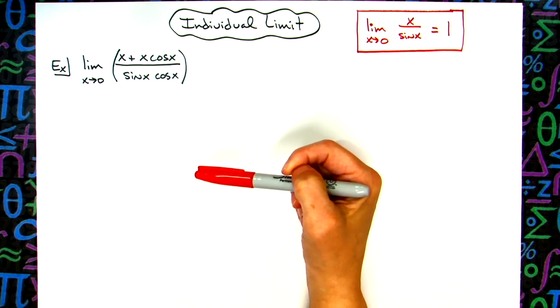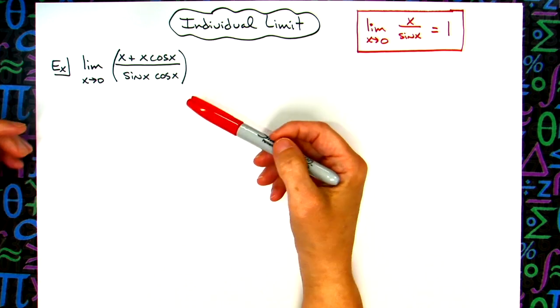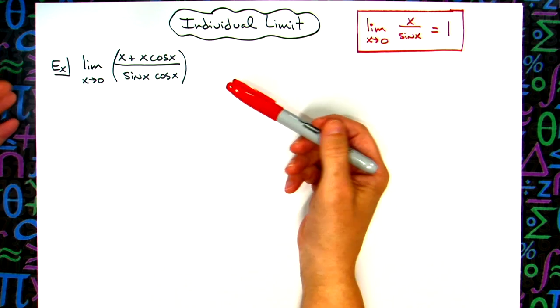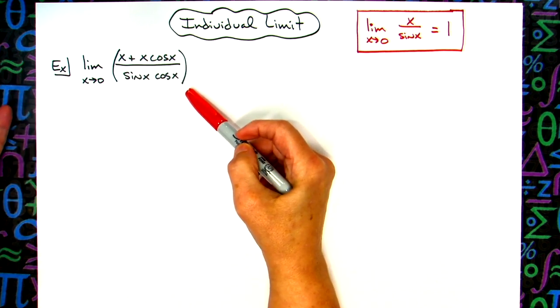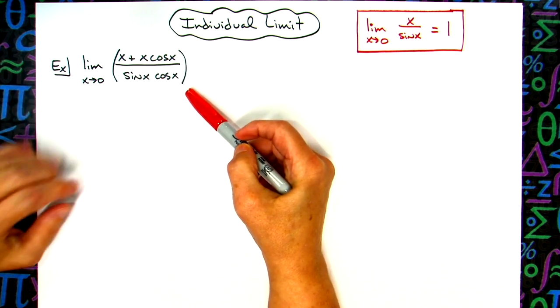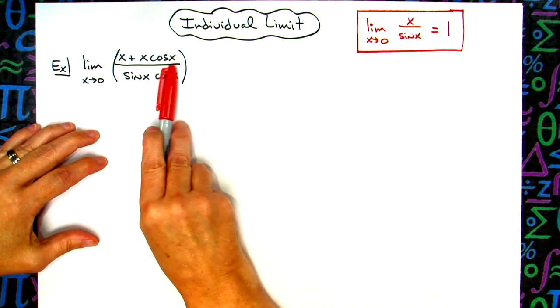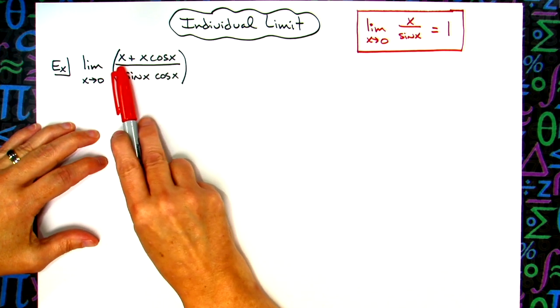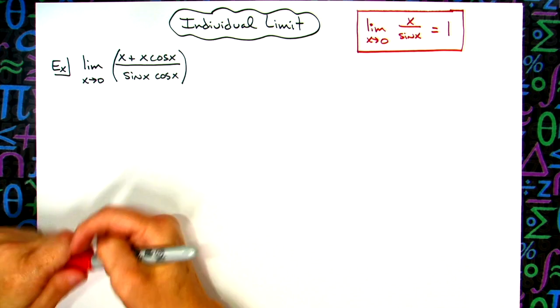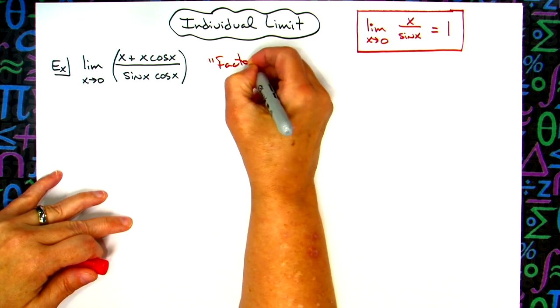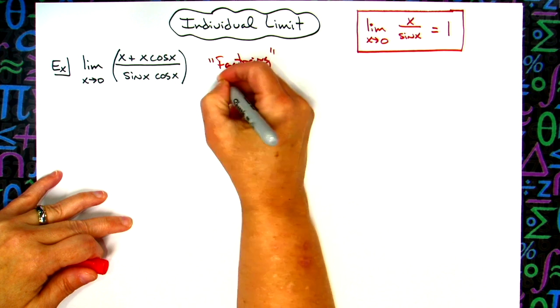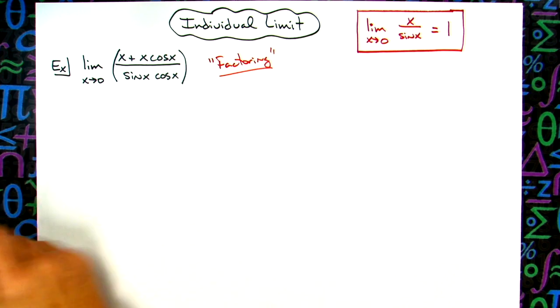Now, a pretty common way to work out limit problems is algebraic manipulation. Okay, so I'm going to take a look at this, and it may not be completely intuitive to start with, but up here at the top in this numerator, I've got a greatest common factor of x. So I'm going to use the algebra technique of just factoring to factor out that greatest common factor there in the numerator.